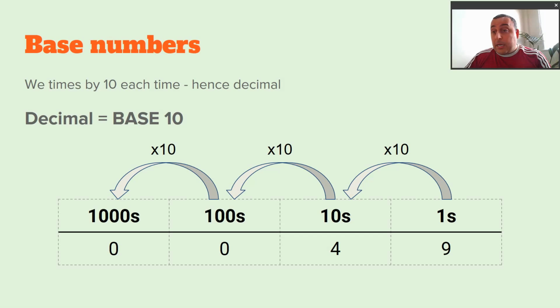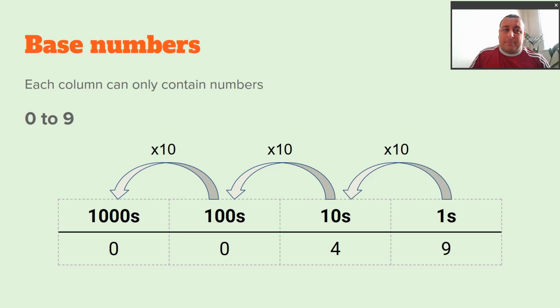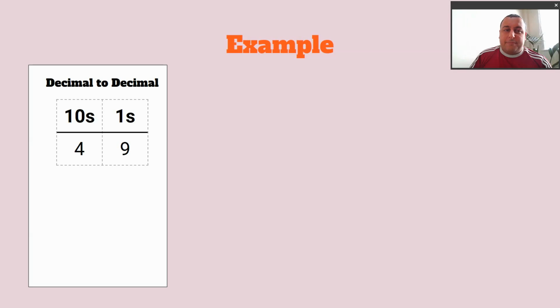And in computer science and in a lot of mathematics as well, we call this decimal number system base 10. Each column can only contain numbers from 0 to 9. Now, one column can't contain 2 digits, can it? So you can't put the number 15 in the ones column. That doesn't make any sense. So you can only go from 0 to 9.